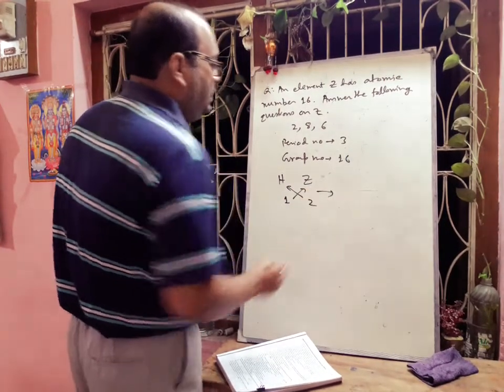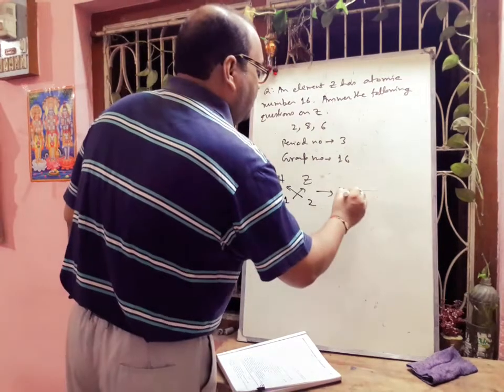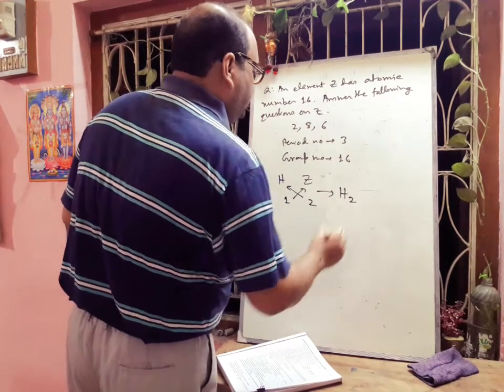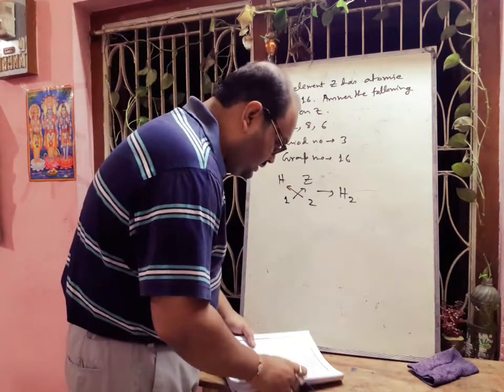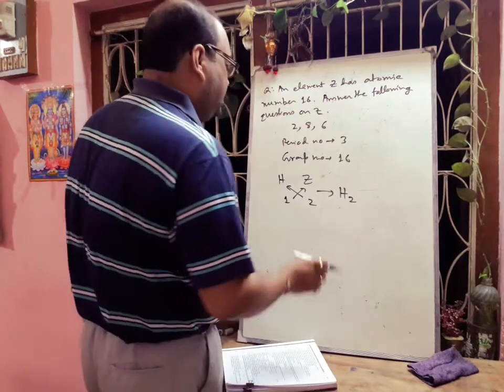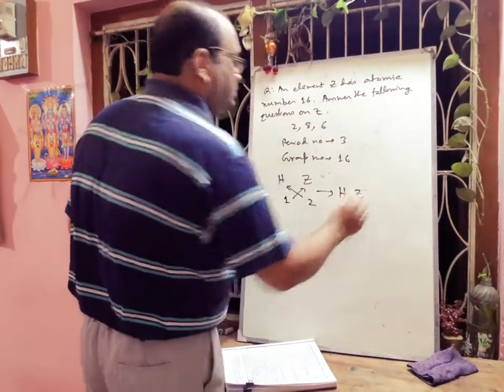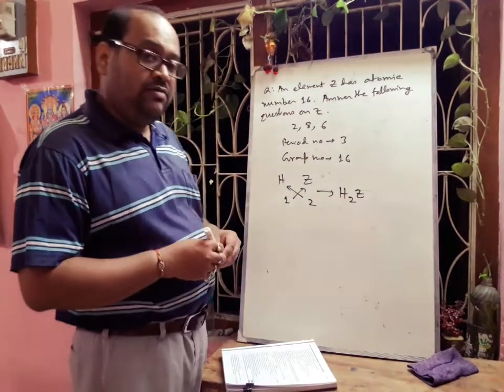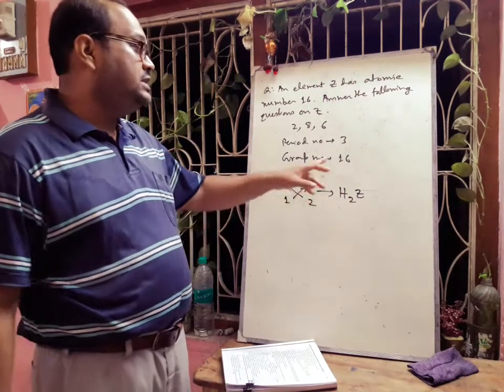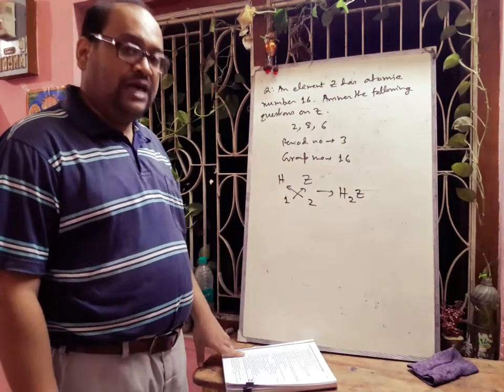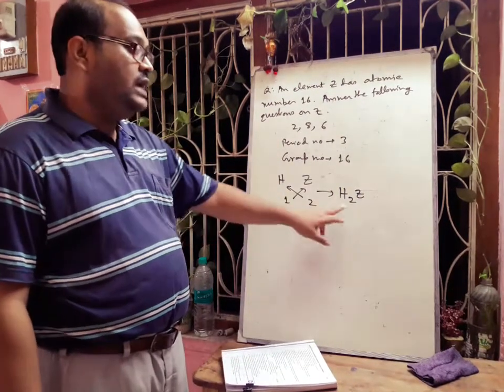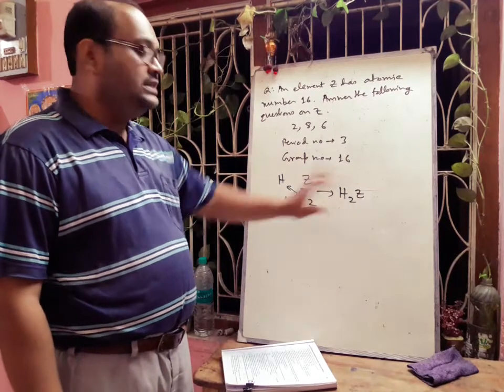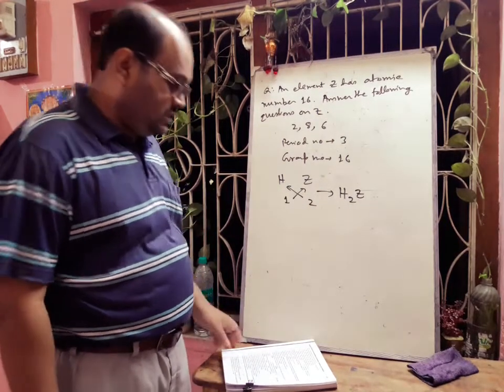So definitely the formula of this compound is H2Z. Here one thing you have to remember: you can understand that Z is nothing but sulfur, but you should not write H2S here. Always write Z, use Z here.